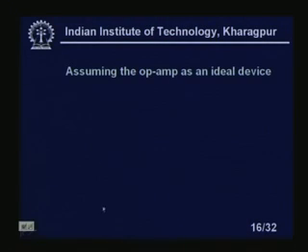Assuming the op amp as an ideal device, I can immediately write E naught by Ex equal to minus Cf by Cx, right.